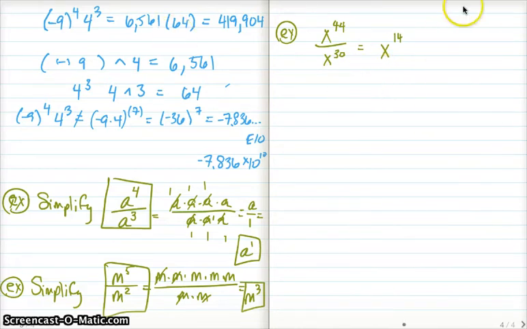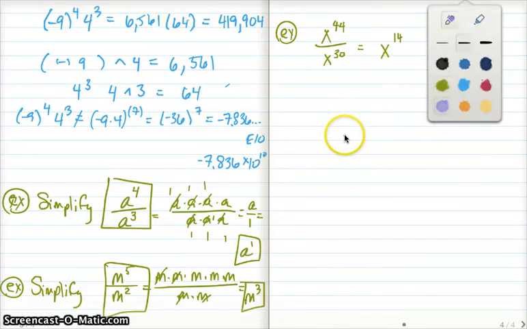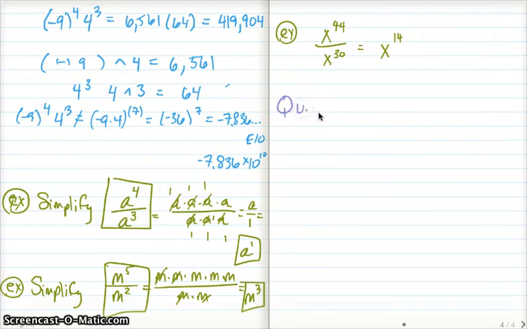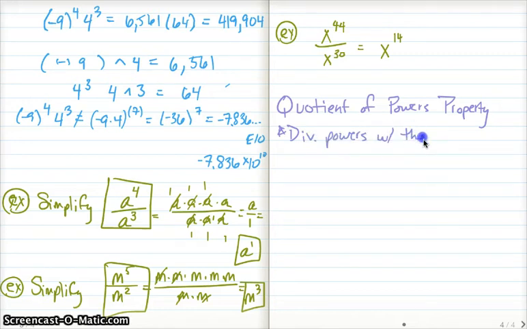So this rule is called the quotient of powers property. Remember, quotient meaning division. So we can divide powers with the same base by subtracting their exponents.